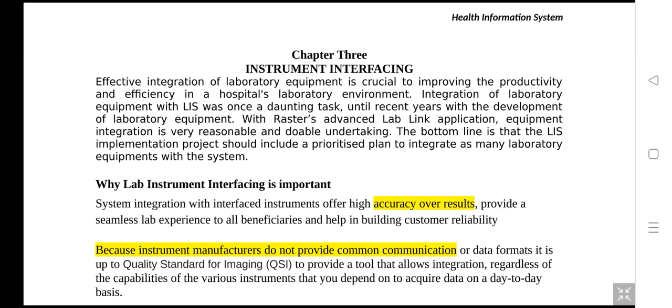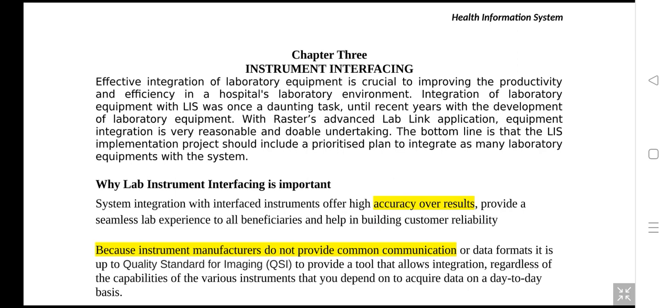So that's what we call interfacing. It is how data comes out of the instrument, for example a biochemistry analyzer, to the laboratory information system. We can create some kind of protocol, some standard in between, so that this analyzer can pass results over to our laboratory information system. That's what interfacing is.